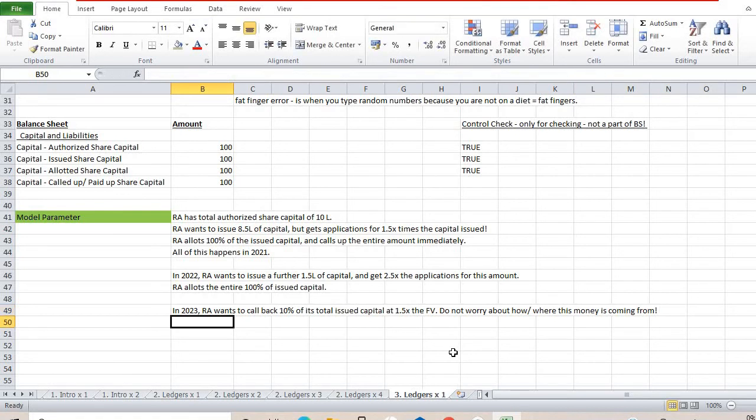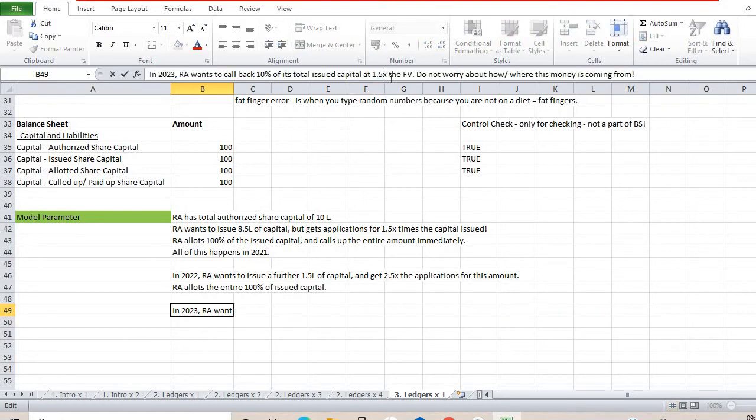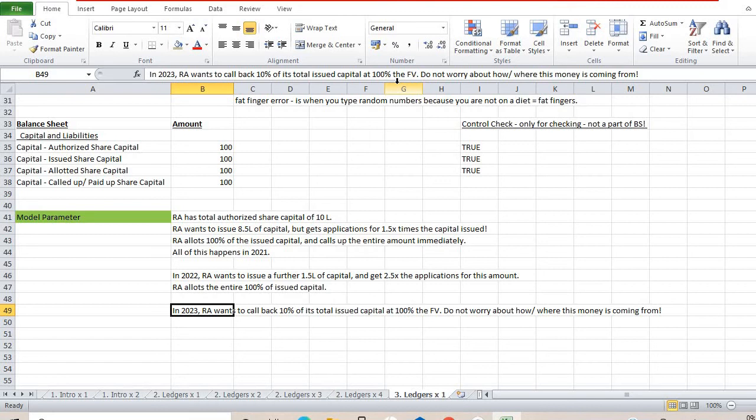Okay, do not worry about where this money is coming from. Or let us make it a little simpler. Let me just say it wants to call the capital at 100% of the face value. Do not worry about where this money is coming from.